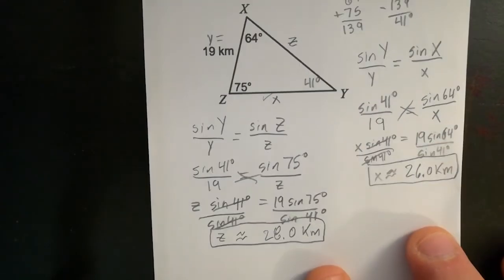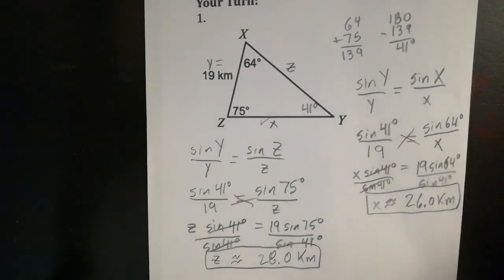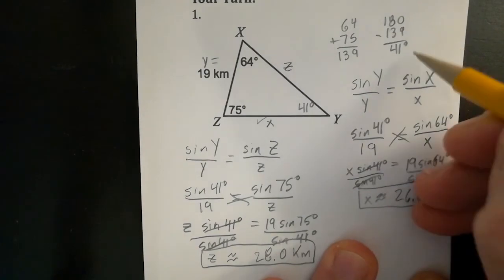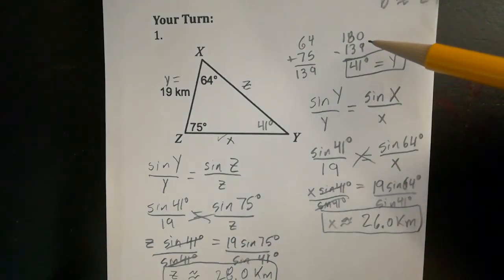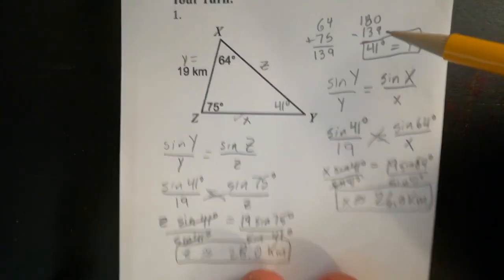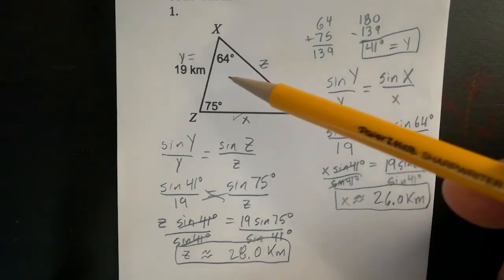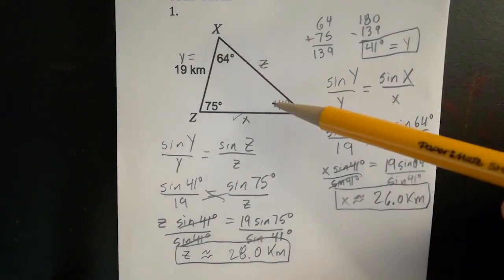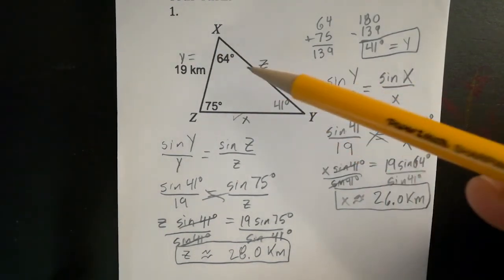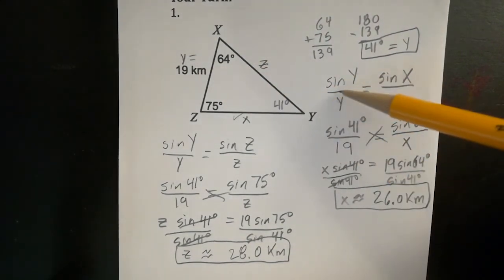Number 1 here. The missing pieces, of course, were y, which I guess I didn't circle that. So y equals 41 degrees, right? We did that just by basic geometry. And then in order to find side x here, I did sine of y over y, because I then had the angle measure and the side opposite, so I want to involve that.